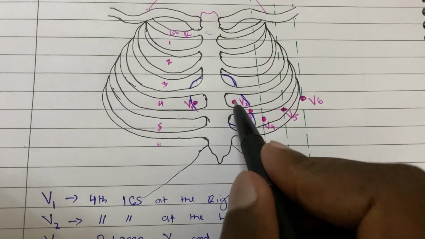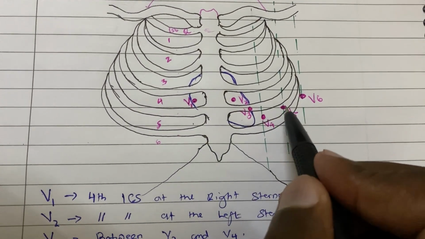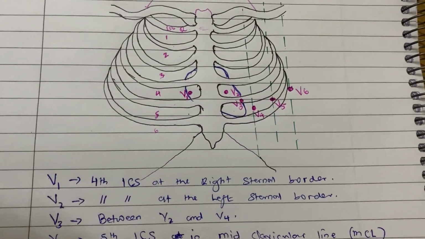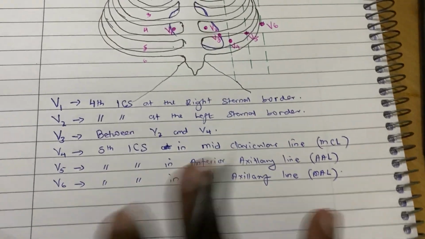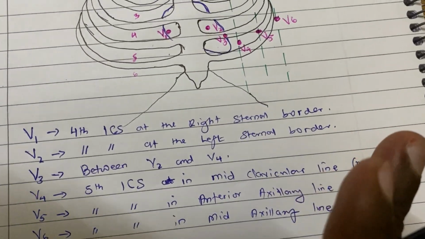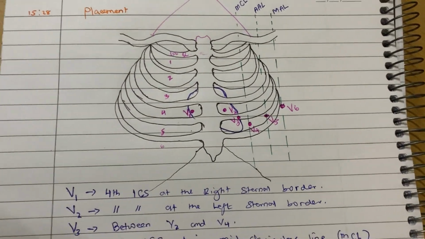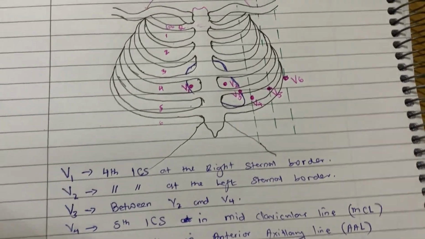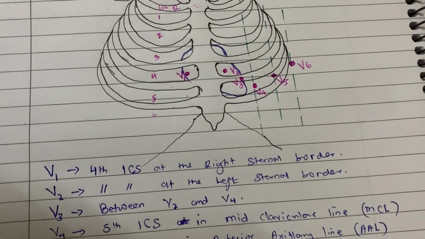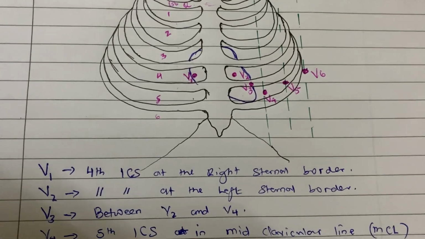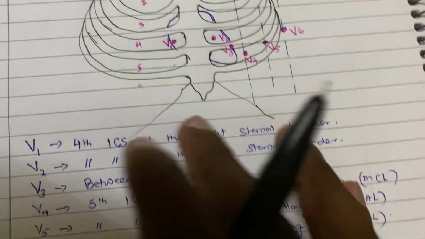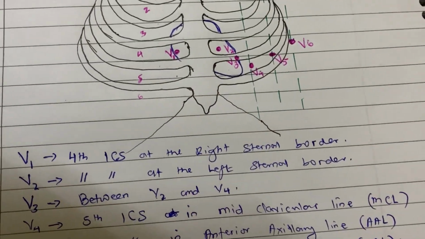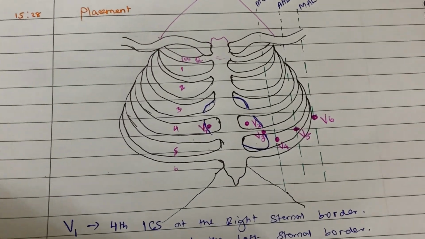These are the electrodes you place. In the exam you have to draw something like this and then write this. You get marks. If you don't draw and you just write, you get a few marks, not all. If it's 5 marks, you'll get like 2 only if you write. But if you draw, then you get everything.